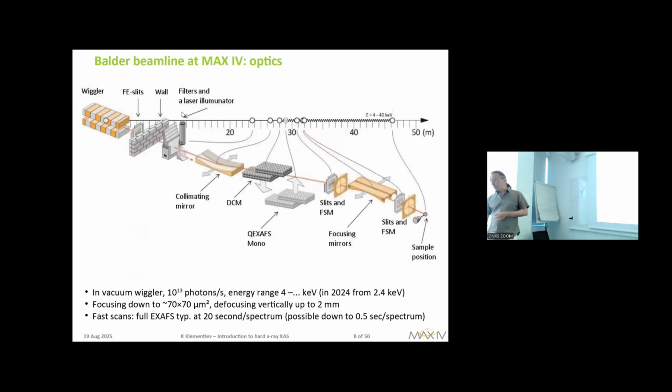Our source is a wiggler. This is a periodic magnetic structure. Electrons fly through this magnetic structure and make turns, and when a charged particle turns, it emits light. There are other types of similar periodic magnetic structures called undulators. All other beamlines at MAX 4 are undulator based, and we are the only one which is wiggler based.